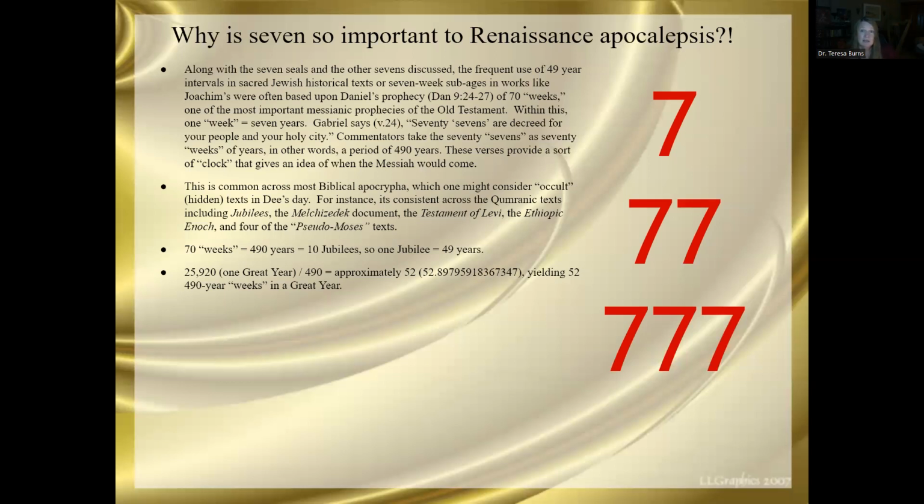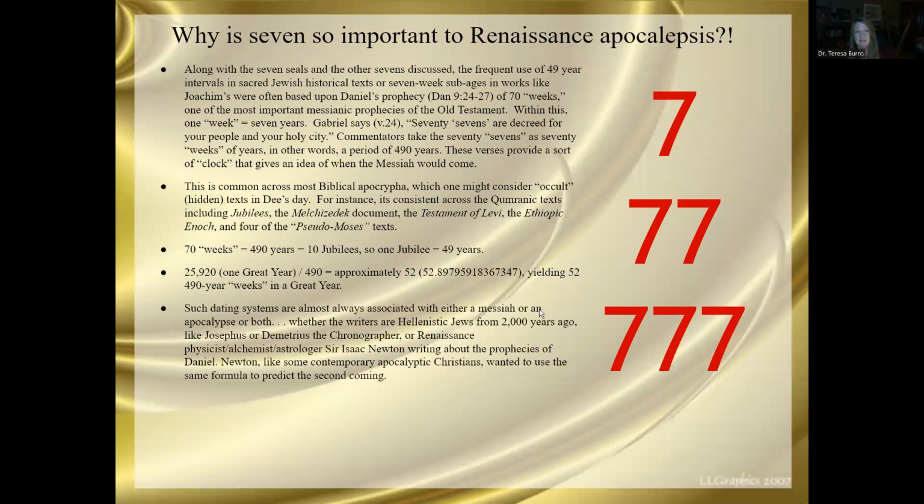In fact, one can speculate, along with just empiric observation of the calendar being off, that this is one reason Dee knew the calendar was off, because this is approximately 52. It's actually 52.8979, etc. So then you get approximately 52 490-year weeks in a great year.